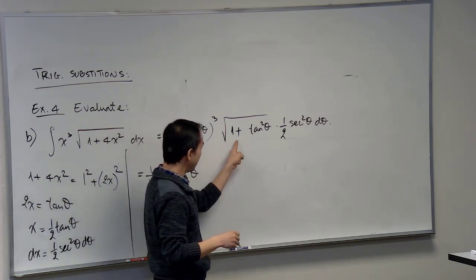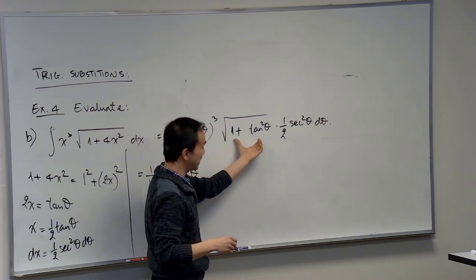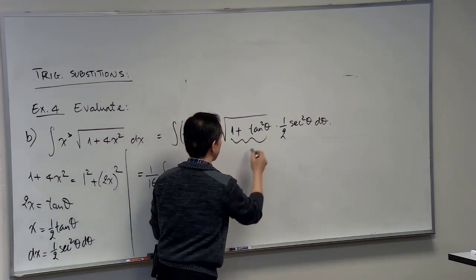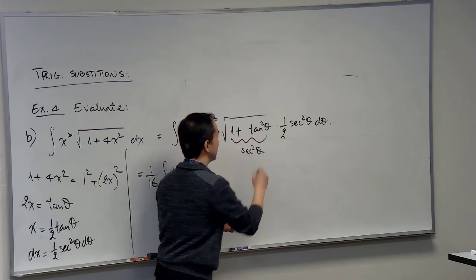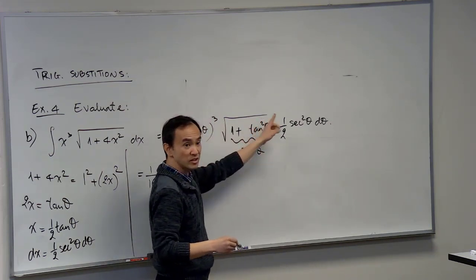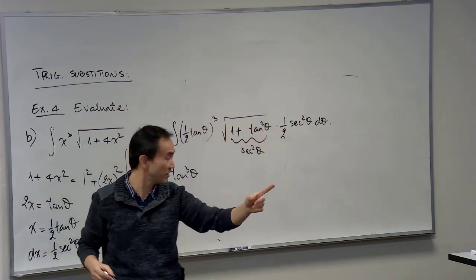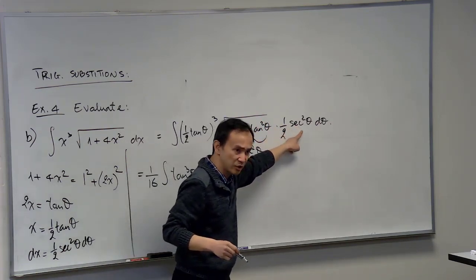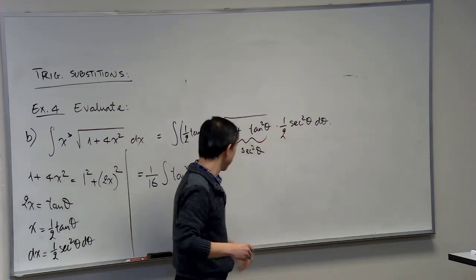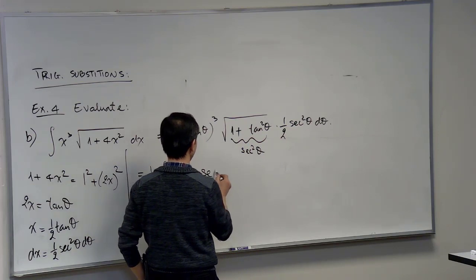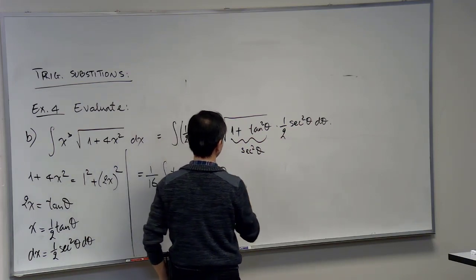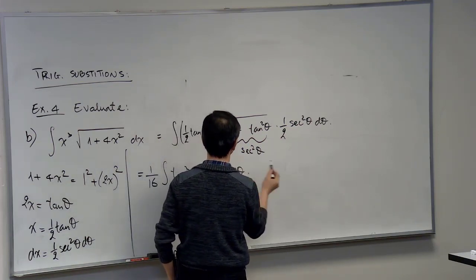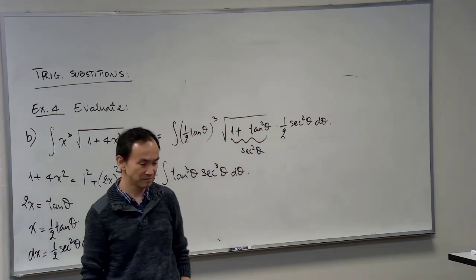Now, 1 plus tangent squared makes it a secant squared right here. So make a note of that. But secant squared inside of the square root, you're going to reduce that down to just a secant, right? And then secant is multiplied with another secant squared right here. You guys feel that? So that gives me a secant cubed theta.